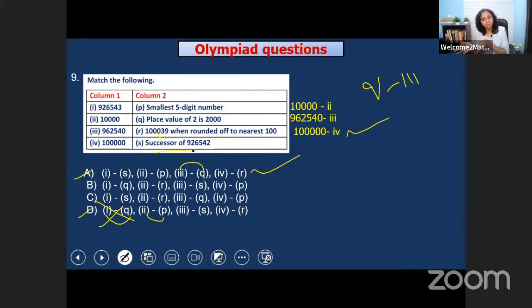Successor means the next number. Whenever we add 1 to the number, we get the successor, and it's 9,26,543. Okay, that is 1. So you see in option A, all the options are going correctly. It's 1S, 2P, 4R. Okay, so option A is the right one.